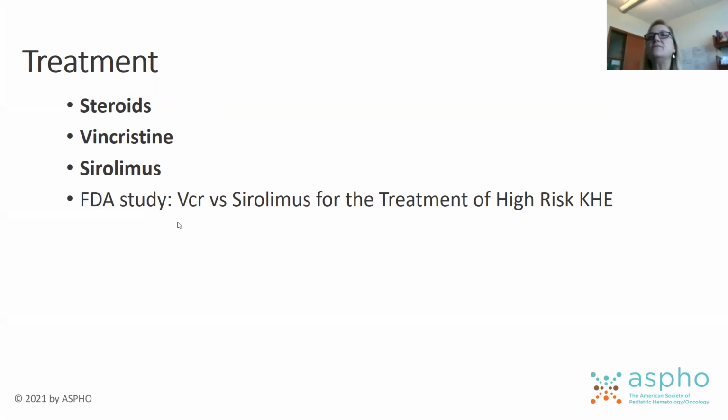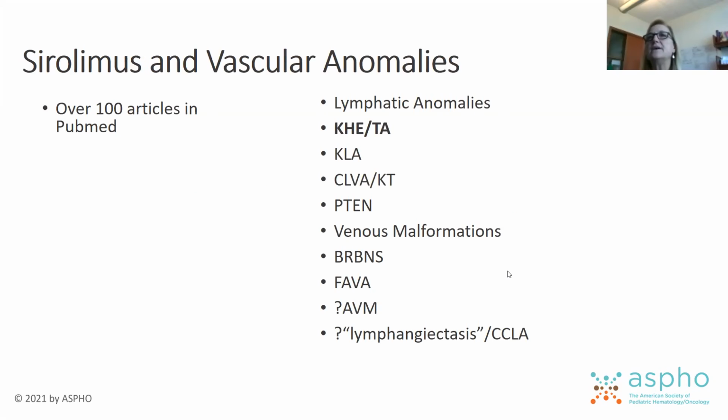We had a study comparing steroids and vincristine versus steroids and sirolimus, but that study did not meet accrual because our standard of practice amongst all of the vascular anomalies in the pediatric hemonc world is steroids and sirolimus. This is something you probably need to know because this diagnosis, Kasabach-Merritt, should be on the boards. So let's talk a little bit about sirolimus.